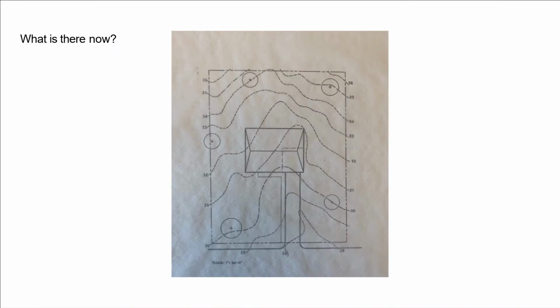So again, we're going to start with what is there now. And we've talked about this with you before. And it's actually a fairly simple process, but it's an important process to go through because what is there now is going to restrain, control, and guide the design that you're going to be doing as you're trying to grade this site.